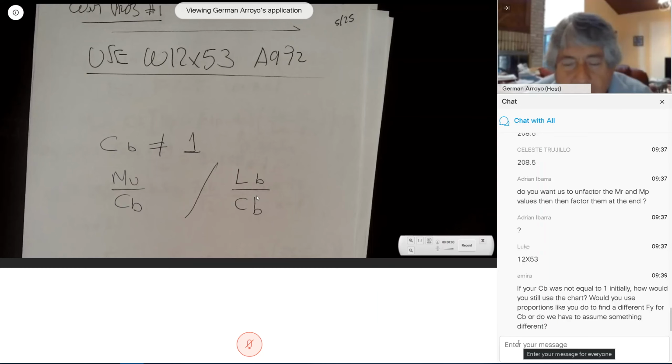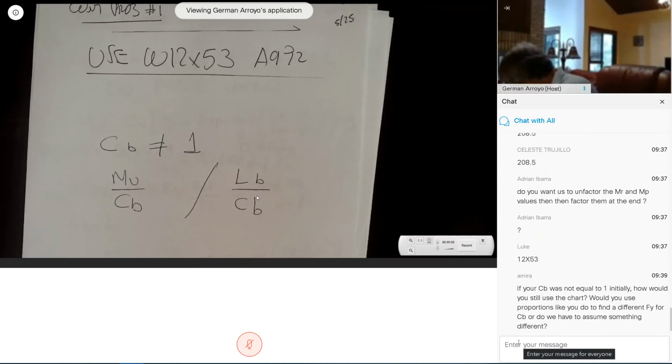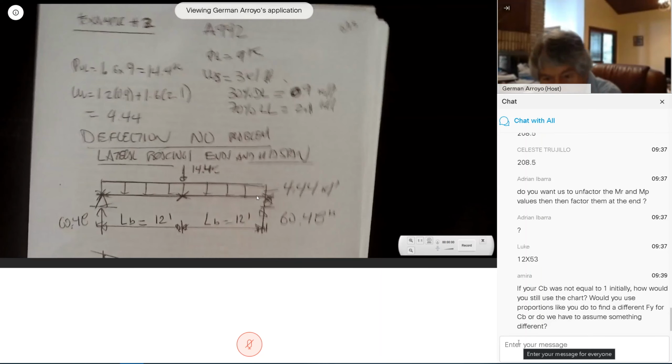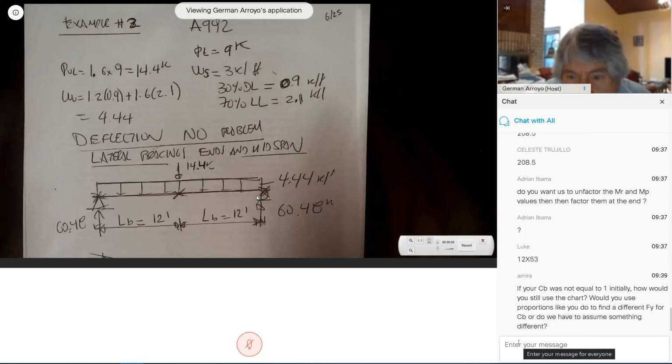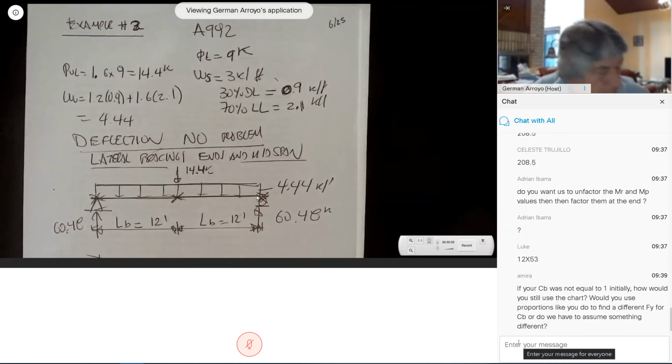And after a while, the only thing that we use is the chart.